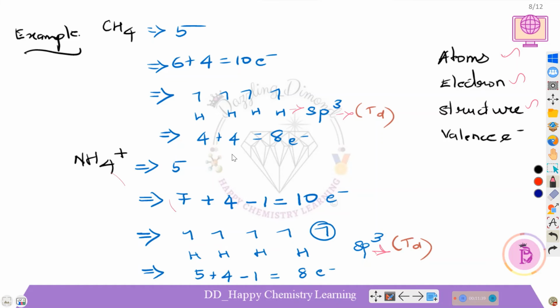Now we will see the valence electrons. Here valence electrons 4 plus 4, you are getting 8 electrons, and here 5 plus 4 minus 1, 8 electrons. The valence electrons also are the same, so these two are considered to be an isostere pair, right?